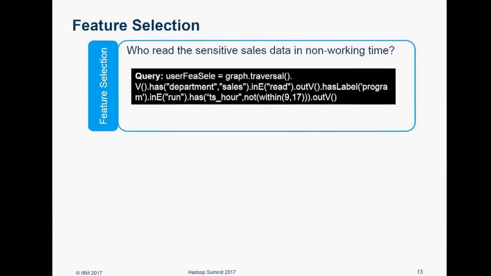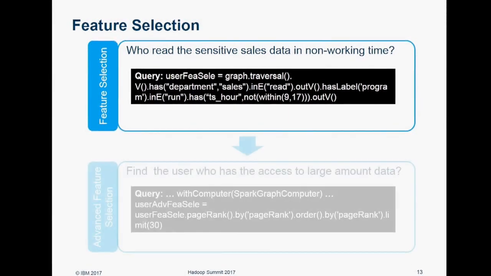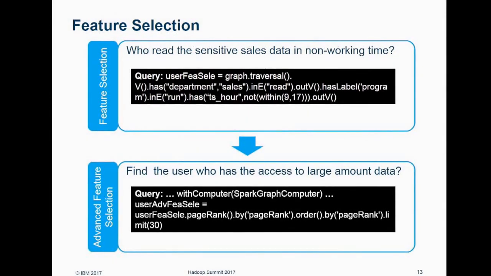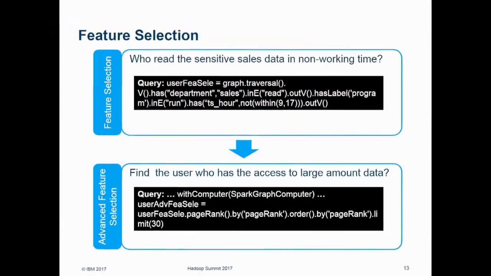So we will get a list of users, but the user list may be large, and not everyone should be a suspect for stealing the sensitive data. So we need to do further advanced feature selection.